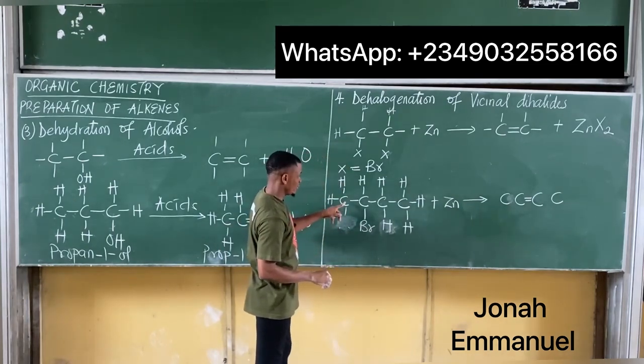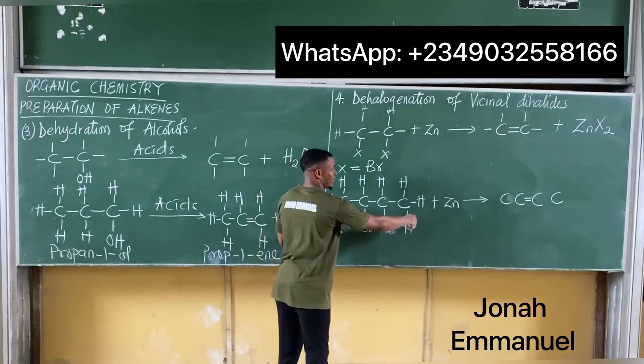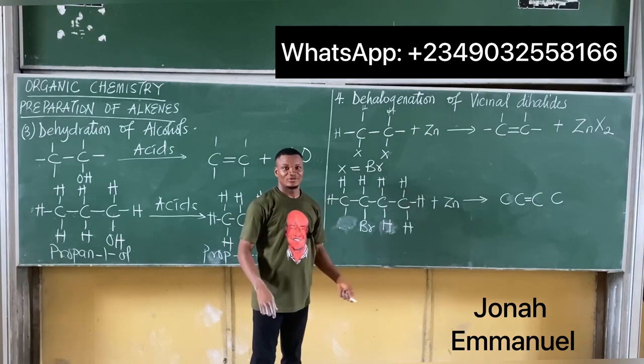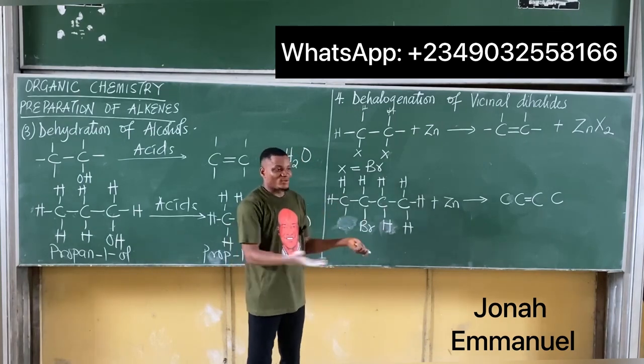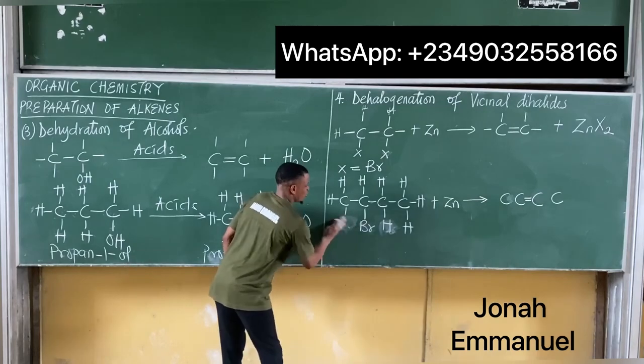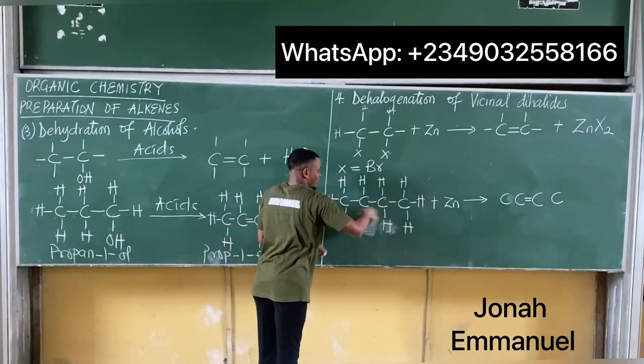Like this? They will not be separated. That's a distorted compound. It's not possible logically. So what if the bromine was here and the other was here? How do you draw a double bond?